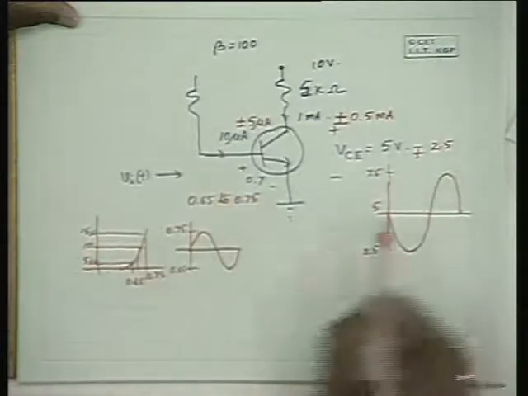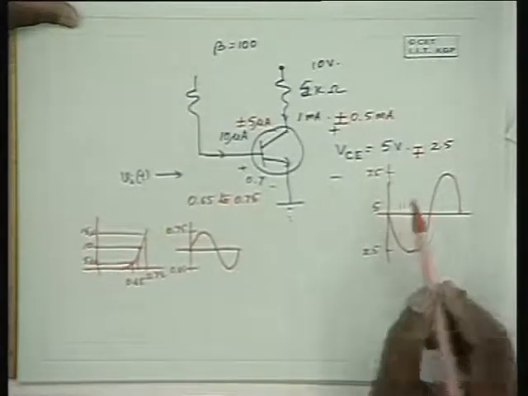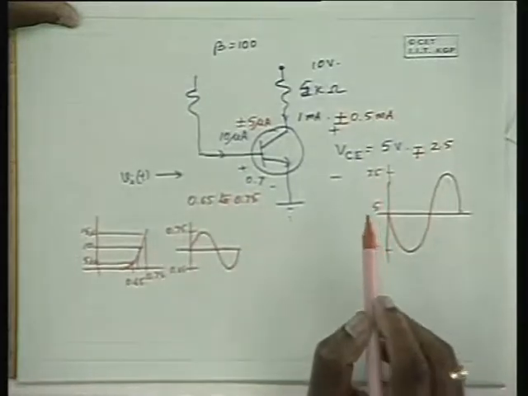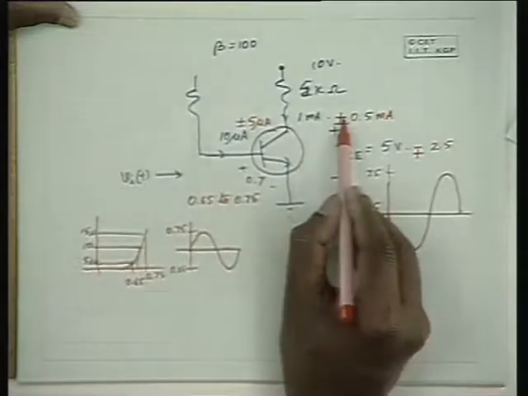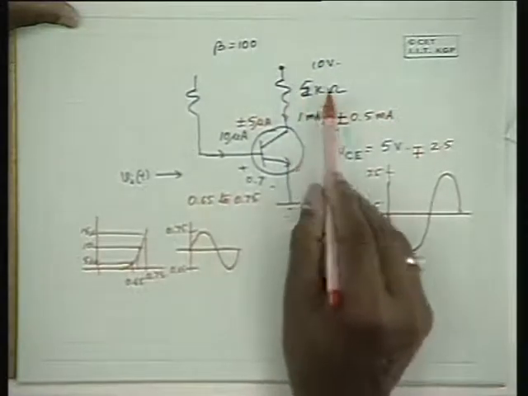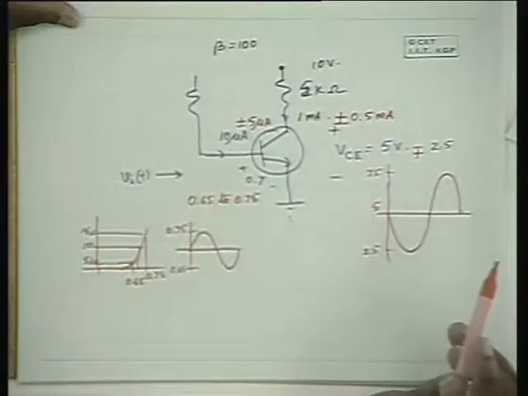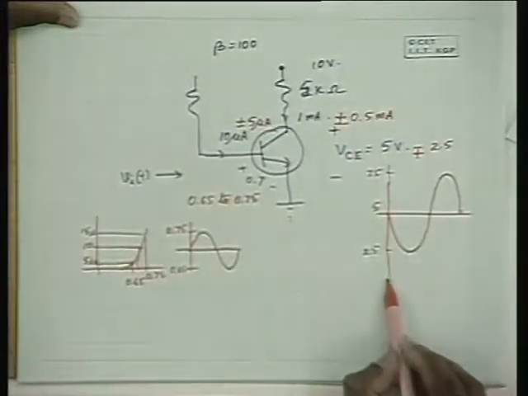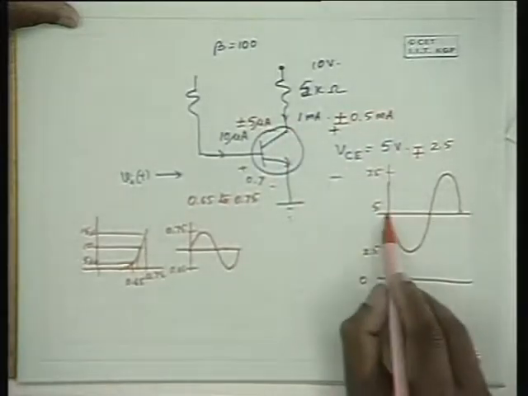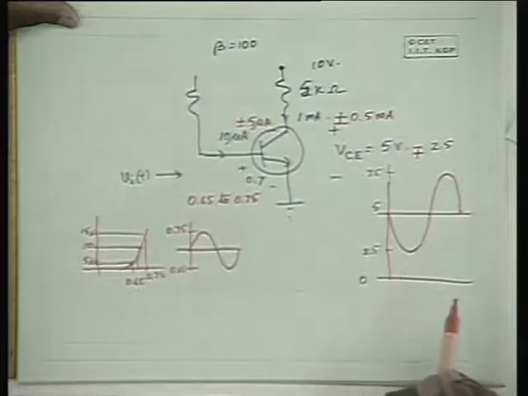So please note that there is a phase inversion in the voltage amplification. It's because you are taking the output here, and the rise in the collector current reflects as a fall in the output voltage. So the absolute output voltage here varies between 2.5 and 7.5.